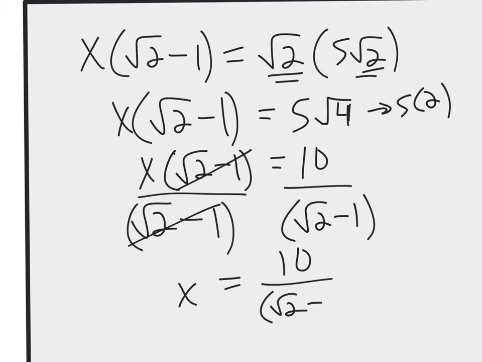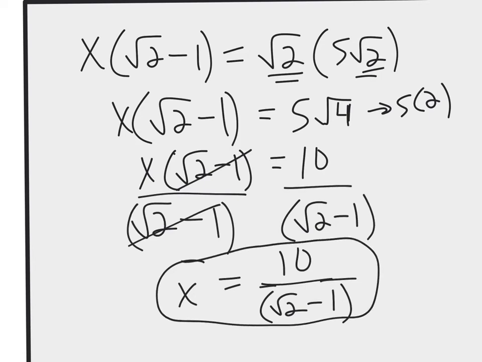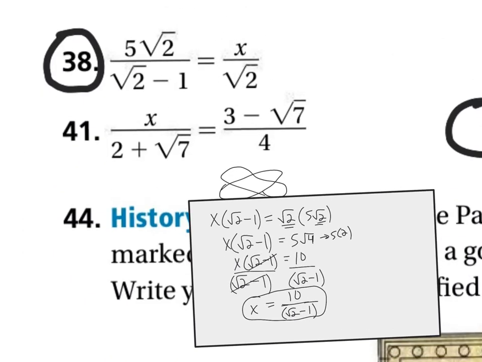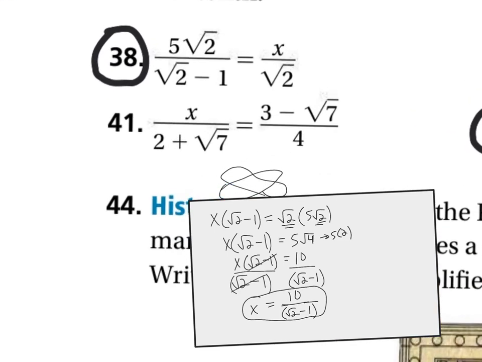You don't technically need to put parentheses around that denominator, but I like to just because it reminds me that unless I see another identical square root of 2 minus 1, there's nothing I can cancel with that. Your other option on this problem is you could have said that the x is being divided by the square root of 2, so you could multiply by the square root of 2 on both sides.